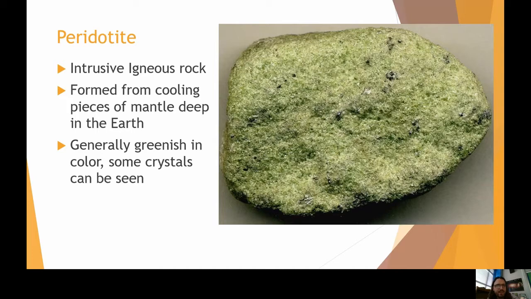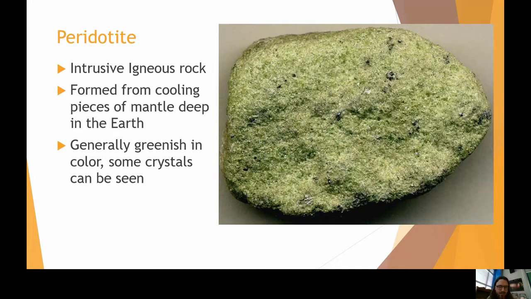Peridotite is an intrusive igneous rock. It's formed from cooling pieces of mantle deep in the earth. So we don't say that this one's felsic or mafic. It is unique. The chemistry of it is actually mantle rock. And typically this is a greenish colored rock. The mineral here is called olivine. That gives it its greenish color.